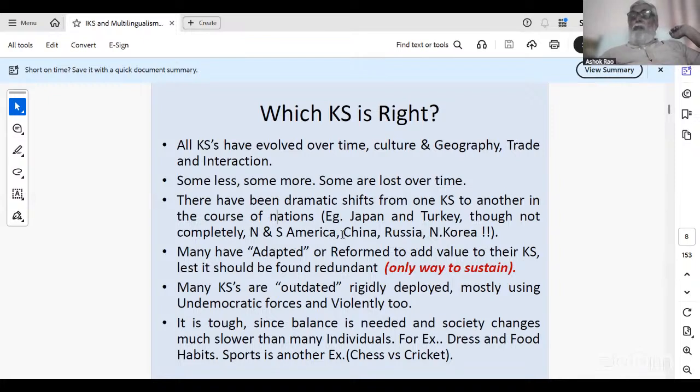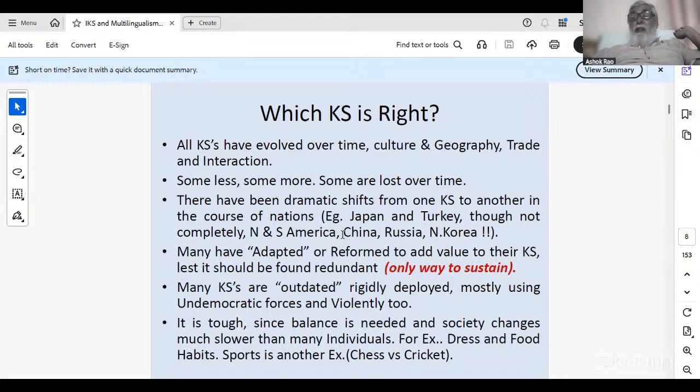North and South America had only indigenous culture till about the 16th century, till Columbus and his people went there. After that, suddenly they changed from an indigenous system to more of a Western knowledge system.